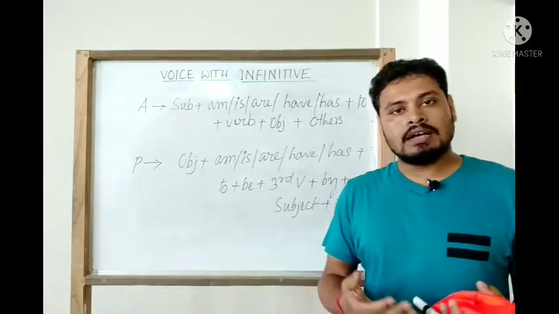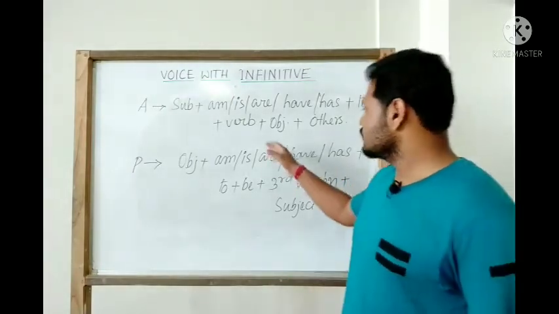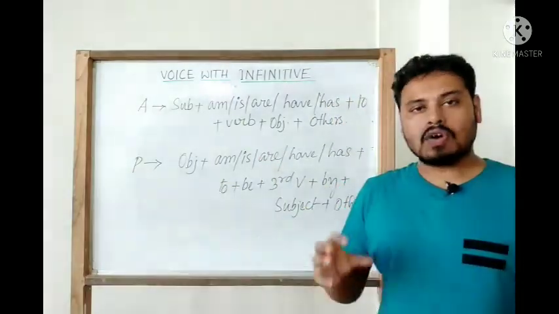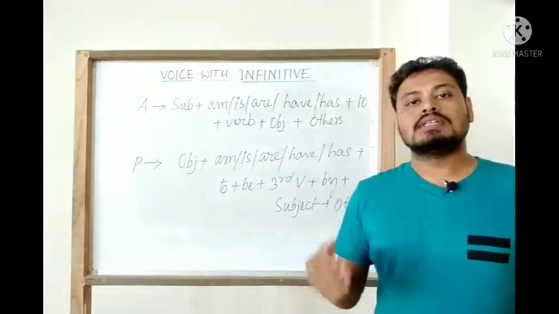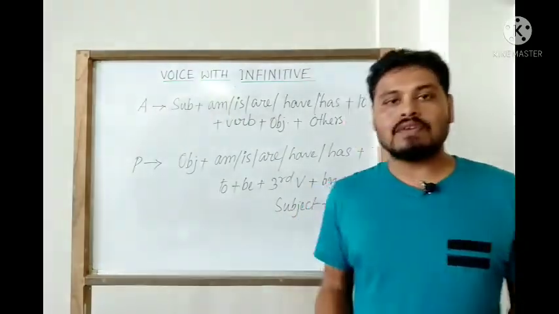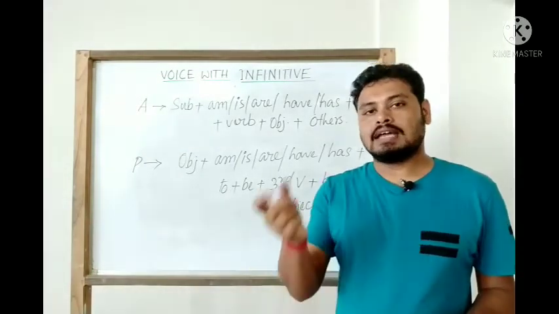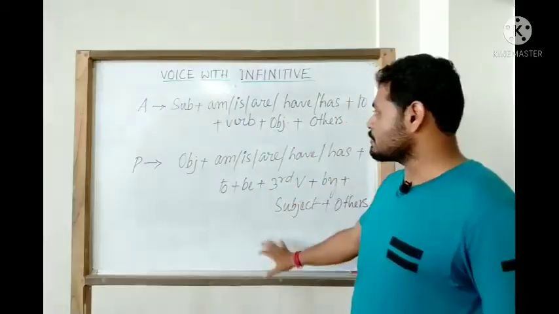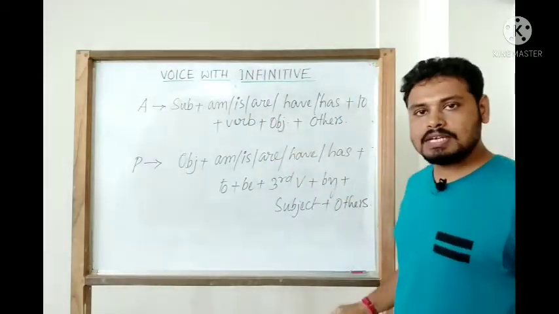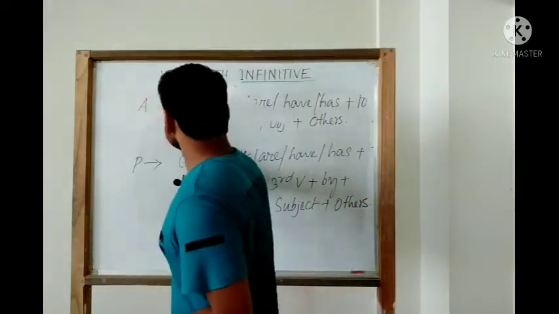Then we have the passive one, object am, is, are, have, has, then to, then be, then third form of the verb, then by, then subject, and then others if there are any. So this is the particular structure. Hopefully it is understood. Let us take one more example.